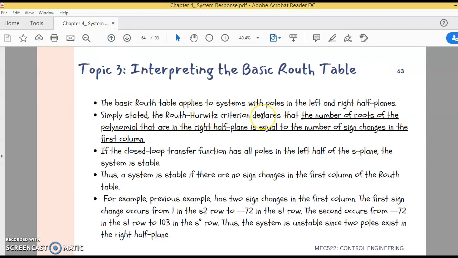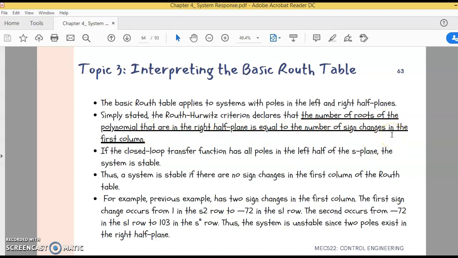Okay, so you can say that, okay, kita nak tahu berapa banyak pole belah kanan dan berapa banyak pole belah kiri. Okay, so the Hurwitz criterion declares that the number of roots of the polynomial that are in the right half plane is equal to the number of sign changes.